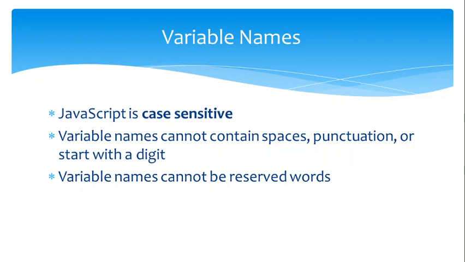Okay, next, a variable name cannot contain spaces or punctuation, or start with a digit. These are conditions, or we can say rules. Your variable should not contain any spaces and should not have punctuation like exclamation marks, at the rate, or something like this.